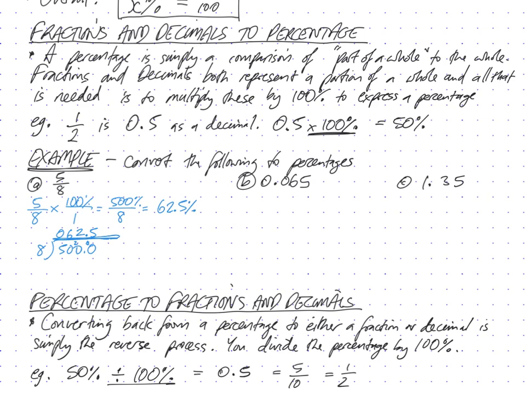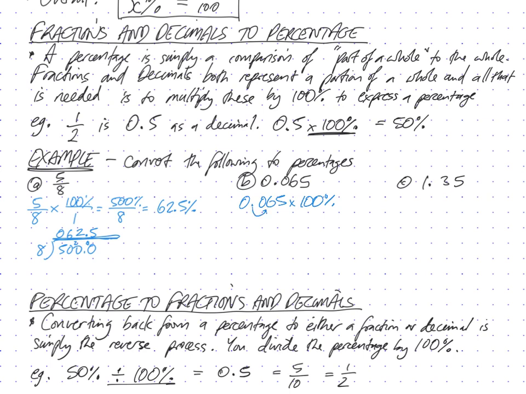Now, even though you can do it this way, obviously that's more complicated than it needs to be, you can just use a calculator. Convert 5 over 8 into a decimal by doing 5 divided by 8 in your calculator and then times it by 100%. For the next one, 0.065 times by 100%. If you times something by 10, it jumps the decimal point 1 to the right.